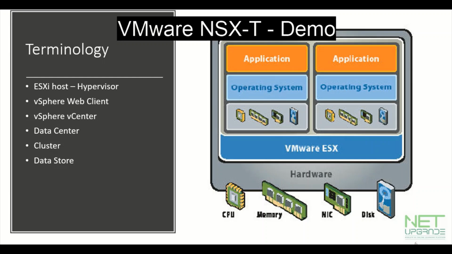So just understand this outer box is our physical server, and all the physical servers have some set of hardware like CPU, memory, network interface card, and some storage. When we install an operating system, it gets installed over here, like this OS. It can be Windows or it can be Linux too.